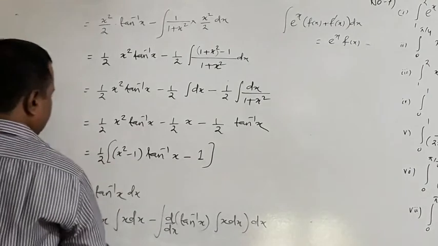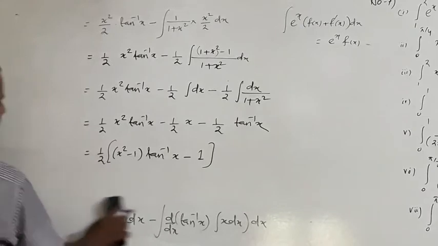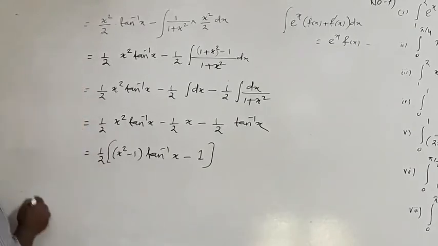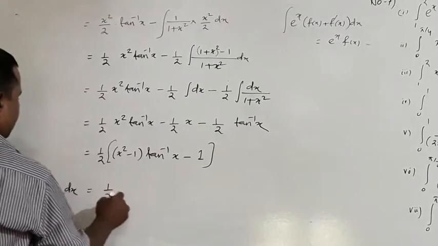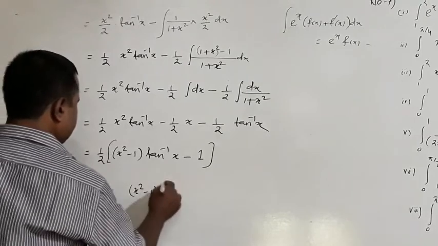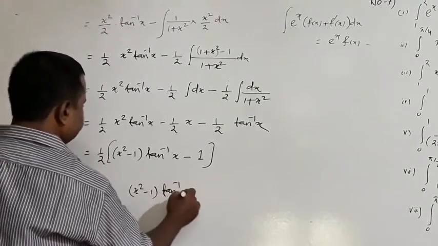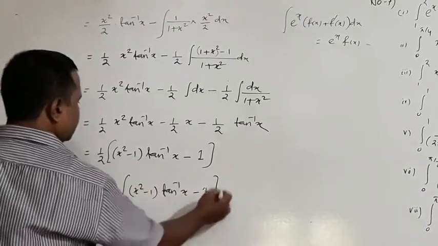So now the integration result becomes what? Now the integration of x tan inverse x dx from 0 to 1. The result is half going outside. It is x square minus 1, it is tan inverse x minus 1, from 0 to 1.